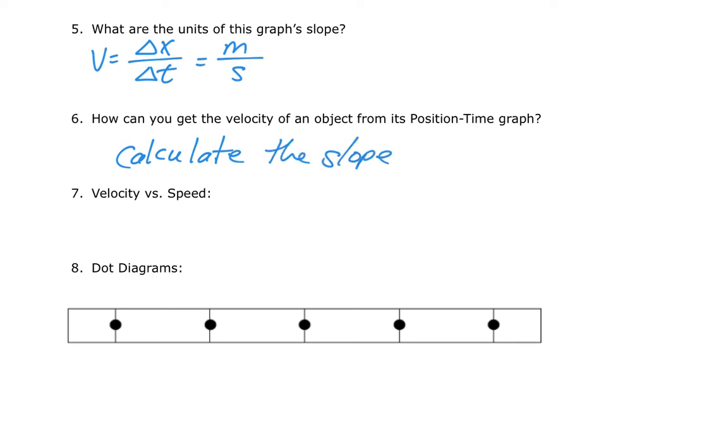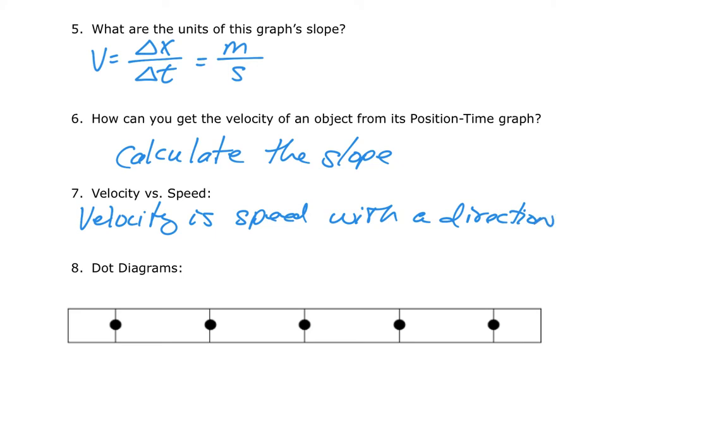Pretty easy, okay? Now, what's the difference between velocity and speed? Like I said, I'm basically going to use those interchangeably, but velocity is just speed in a direction. Okay. We normally assume that a positive velocity is either up or forward or to the right.